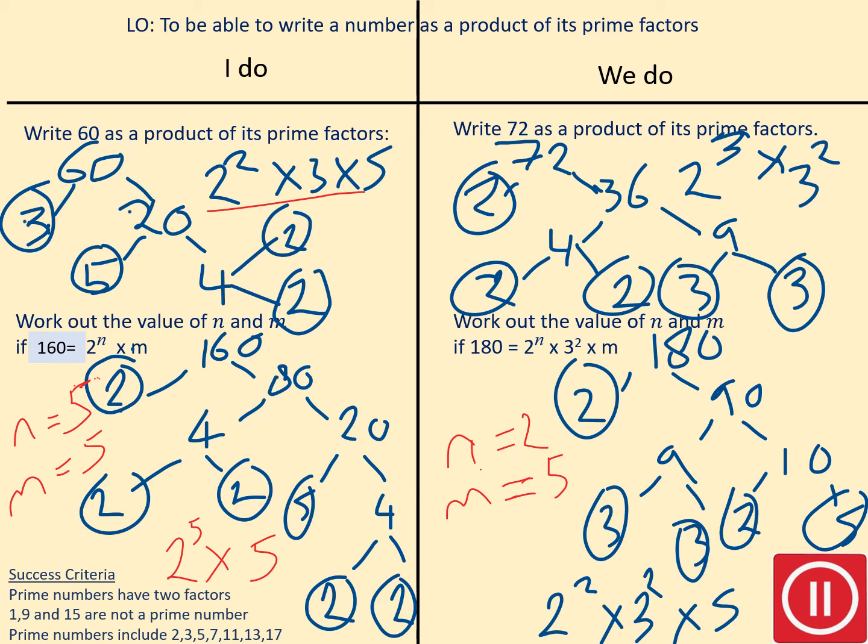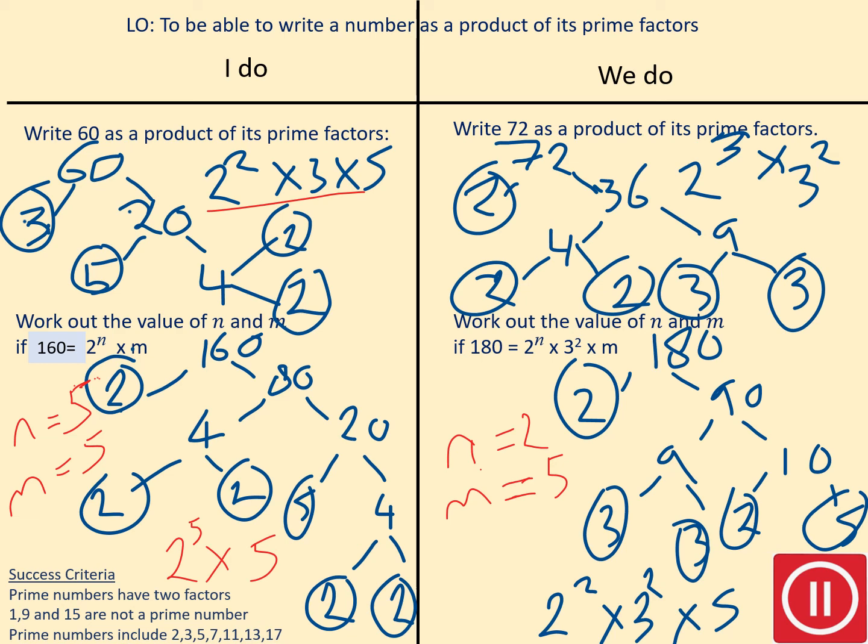Well, 4 is 2 times 2, so we can circle those. Let's look at the 36 now then. 4 times 9 is 36, but 9 isn't prime, but 3 times 3 is. So let's count them up then. So we've got 3 2s, so it's 2 to the power of 3, and we've got 3 times 3, which is 3 squared. So the answer of writing 72 as a product of its prime factors is 2 cubed times 3 squared.